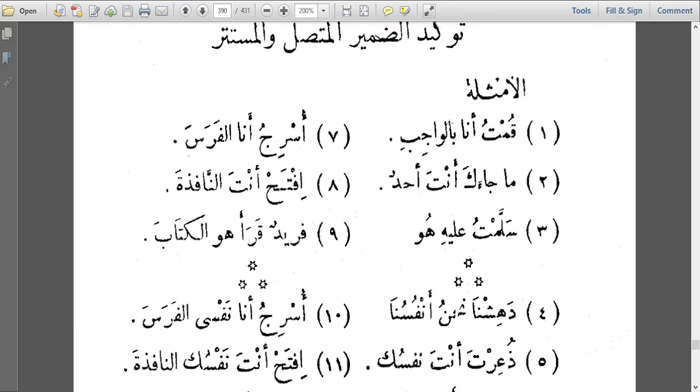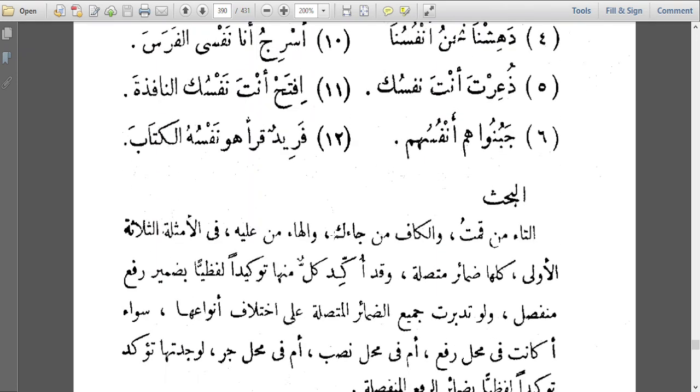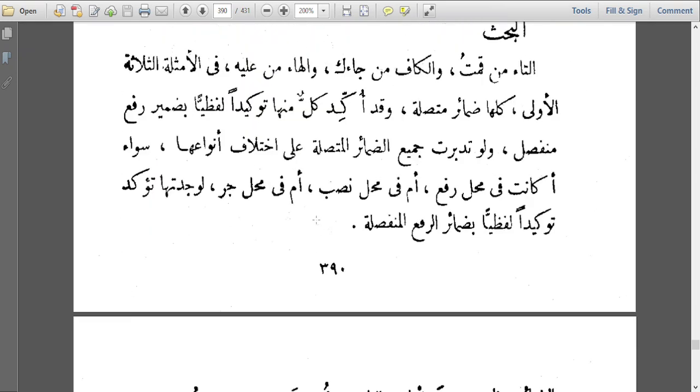But these ضمائر that are being used for the emphasis, ana, anta, huwa, they are all ضمائر الرفع. As we've learned previously, the ضمائر الرفع are those pronouns that come in the position of رفع. They are used for mubtada, they are used for fa'il and stuff like that.